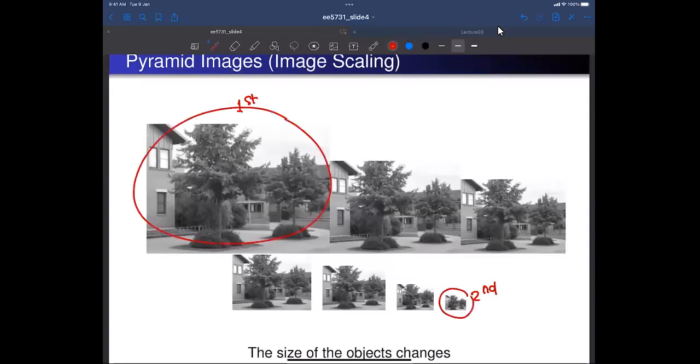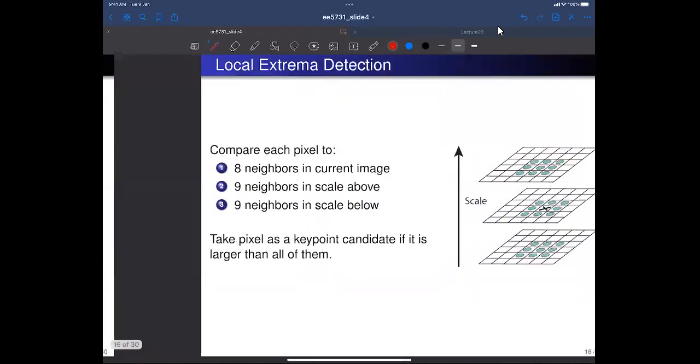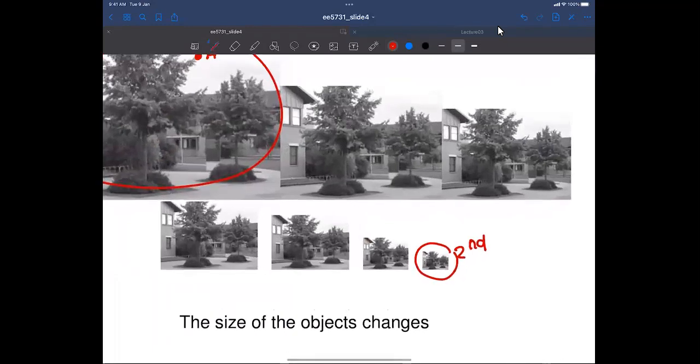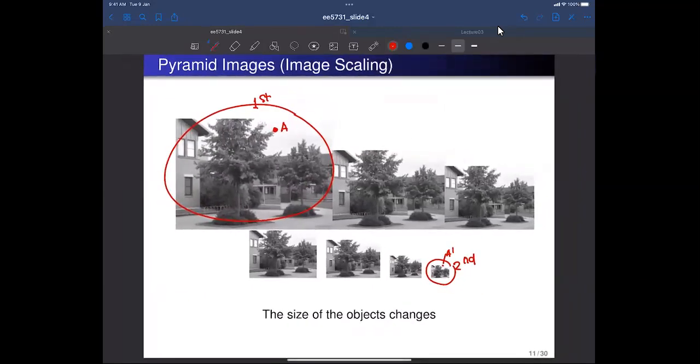Even for this kind of situation, if you find a match of key points, for example, the key point is at the top of that branch, this is called A. In this one, you have to find the same key point, which is called A prime. A and A prime should indicate exactly the same location in the real world. And that's called the image scaling problem.